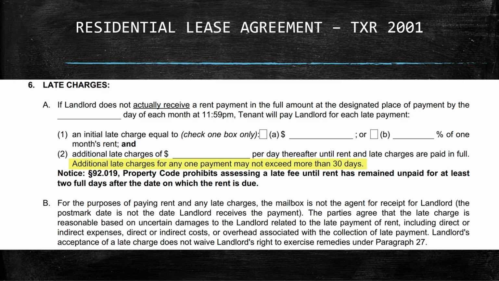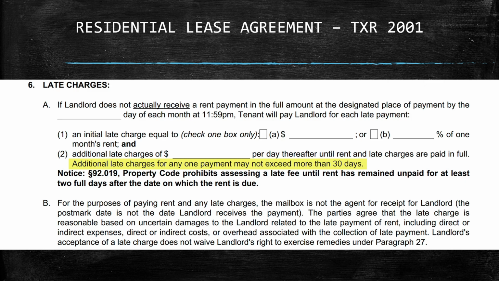Those can continue on up to a 30-day period. After the 30-day period, we cannot add any more late charges on for that particular month. The late charges don't go away. They're still due and payable. We just can't keep adding on additional late charges for more than 30 days.